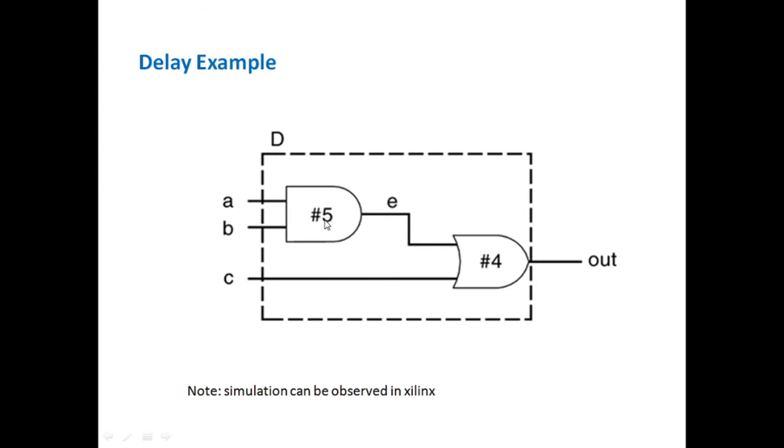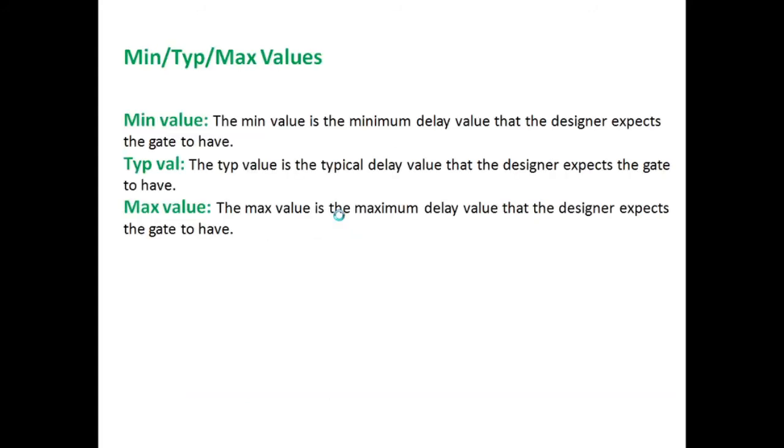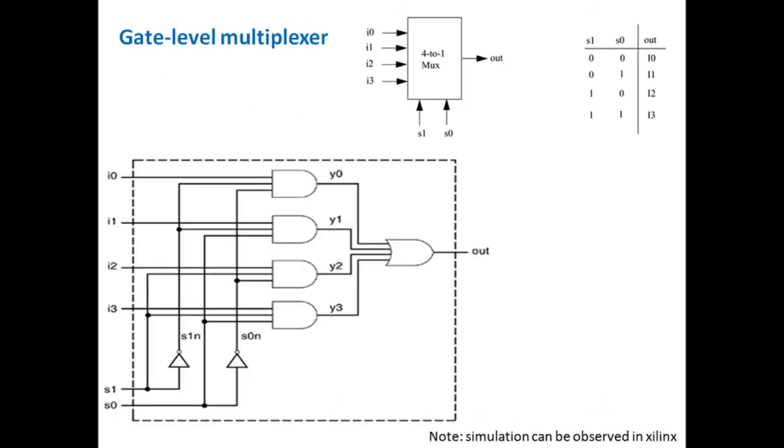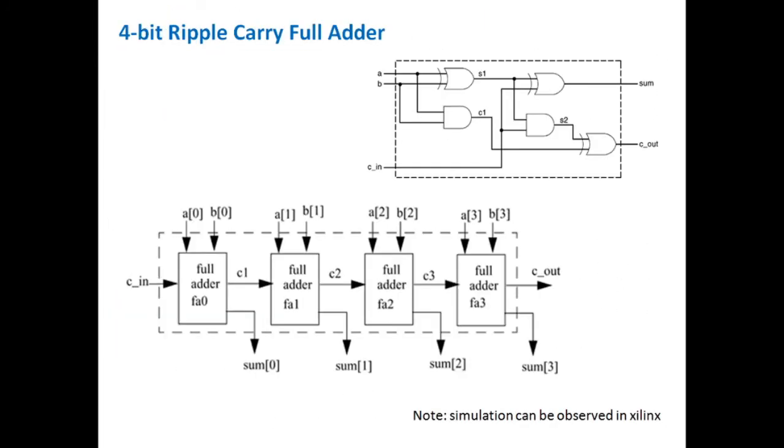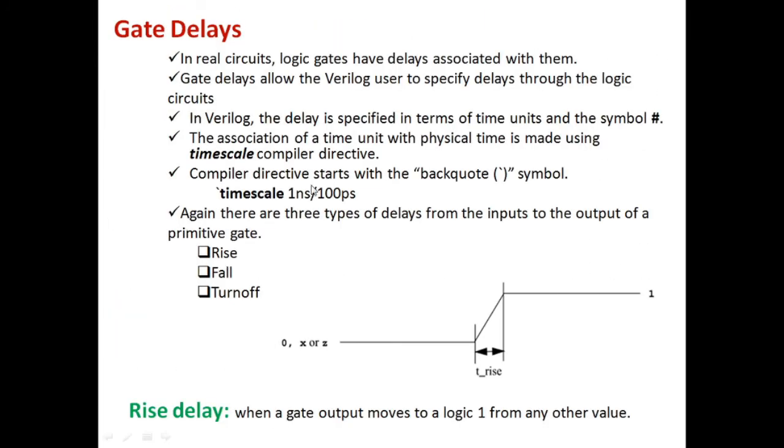So what is the time unit here? Here the time unit is 5 nanoseconds, with tick timescale 1 nanosecond / 100 picoseconds. That means the AND gate is consuming 5 nanoseconds of time. That is the meaning of the gate delay for that example.